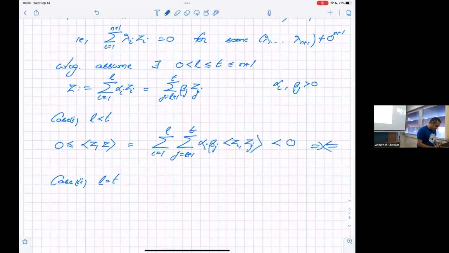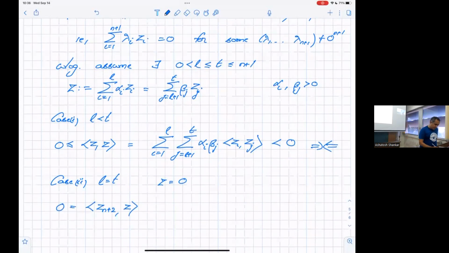So now notice that because of the dimension, we know that Z itself is equal to 0. Therefore, let's look at z_{n+2}'s inner product with Z. What is this? This is 0 because Z is 0.